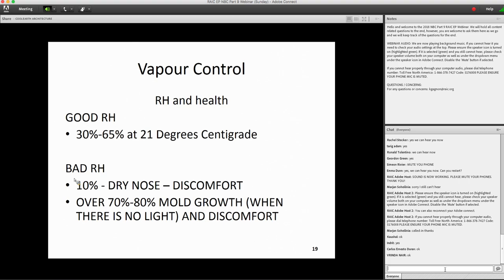The components of the house also dry out. Many of you might have your hardwood floor shrinking. The other problem is when relative humidity goes over 70 or 80% and there is no light, you provide a good environment for mold growth, and also it's getting more uncomfortable.